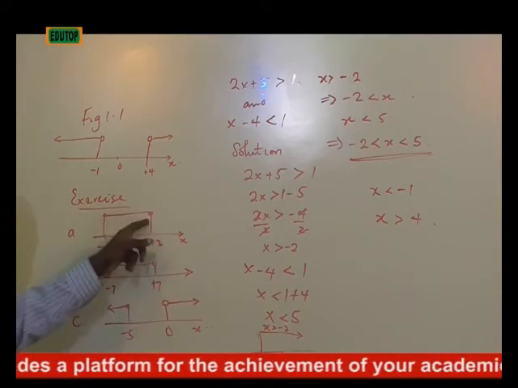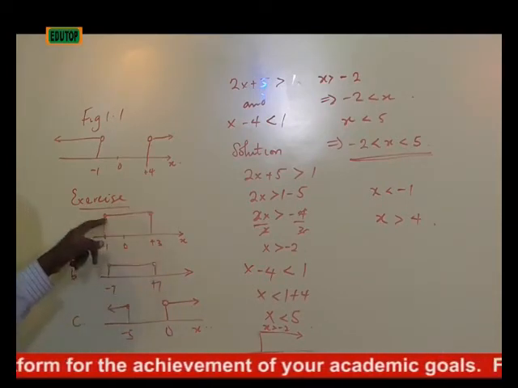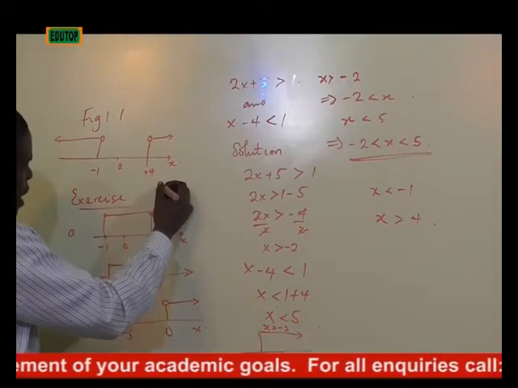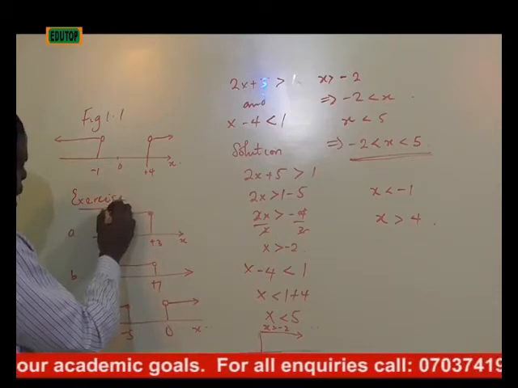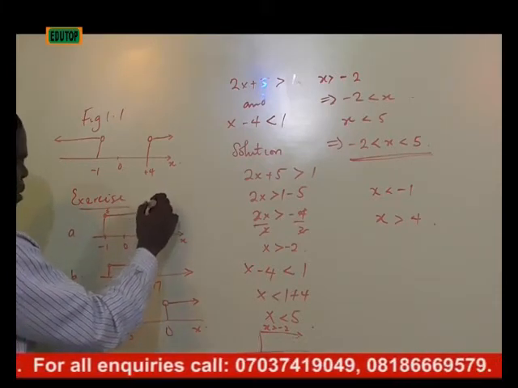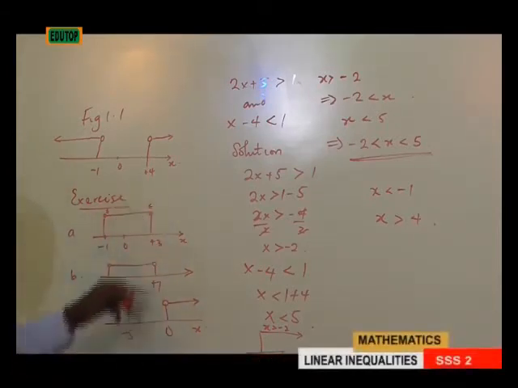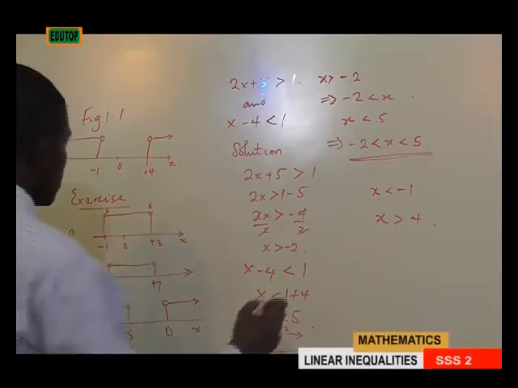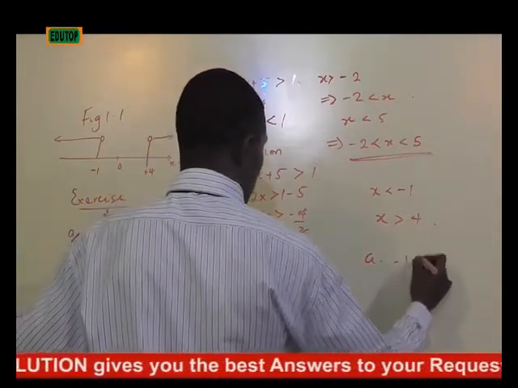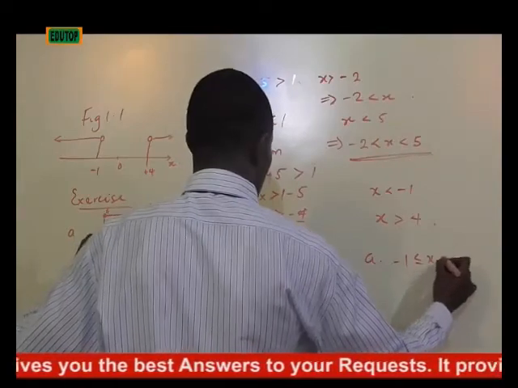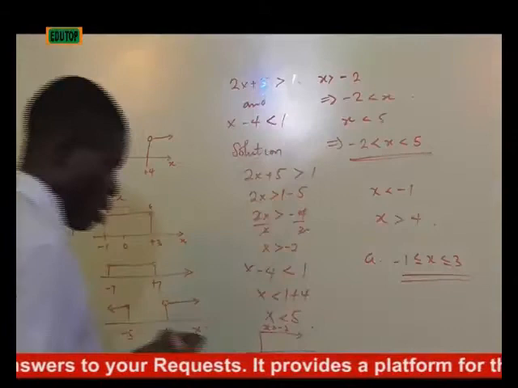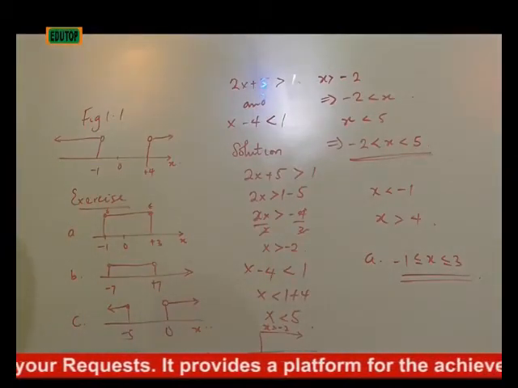When both are painted this way and you have a link, it means you have a less than or equals to sign, and your x is ranging between these. So for the a part, you have -1 less than or equals to x less than or equals to 3. That is the range of values of x in that a.